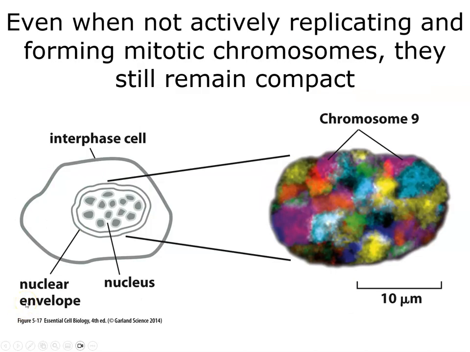So that last image is the typical chromosome figure that you'd think you would see. But normally they're not necessarily in that orientation. That's more during cell division. But even when they're not actively replicating, they do remain compact. They're not like spaghetti in a pot, so it's not like they're just all over the place. They can be attached to the nuclear envelope, and they're typically organized within the nucleus.